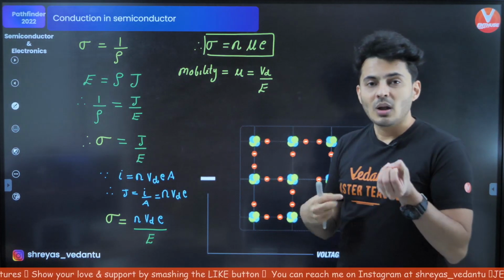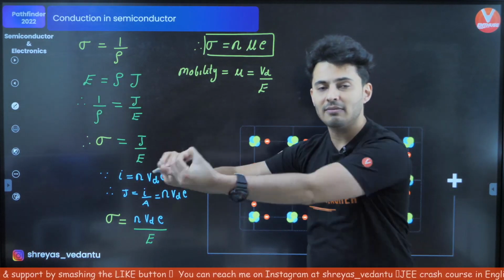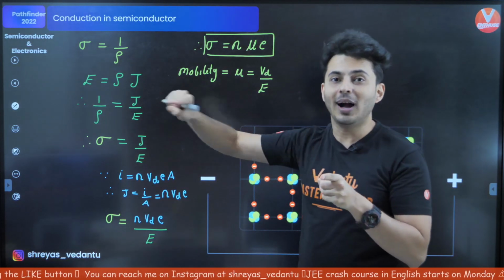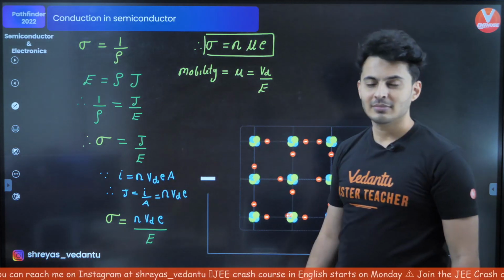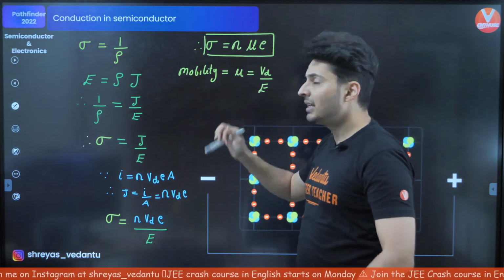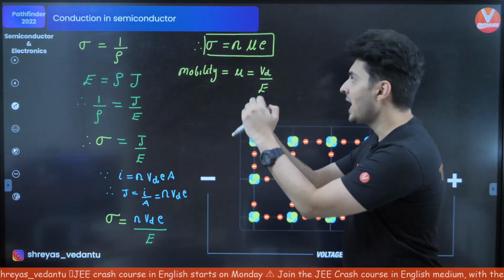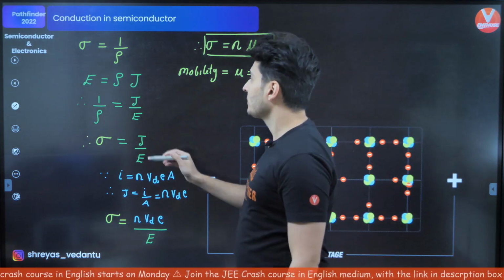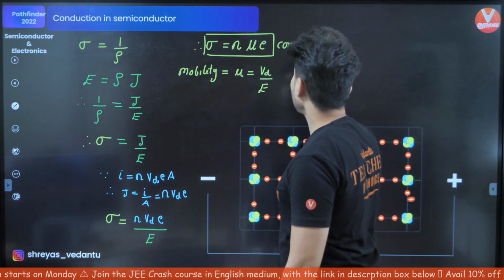It tells you how much speed these charge carriers have per unit field. If I apply some electric field, how fast they can move, how mobile they are. That is mobility. n is how many carriers are there per unit volume, and e is your charge. So that gives you your conductivity.